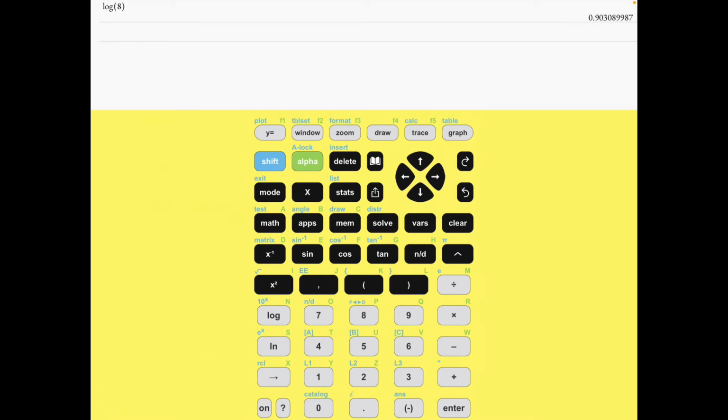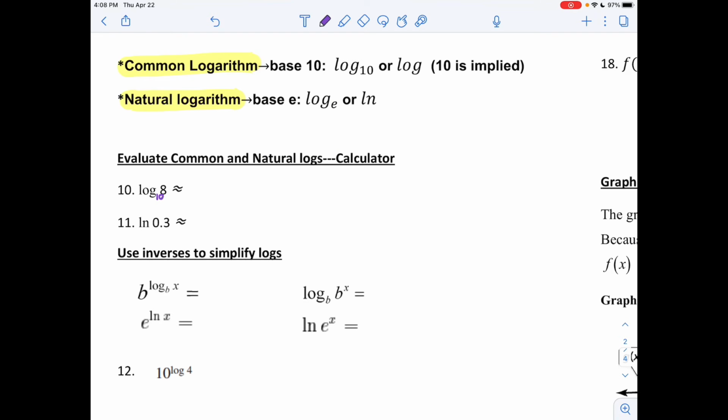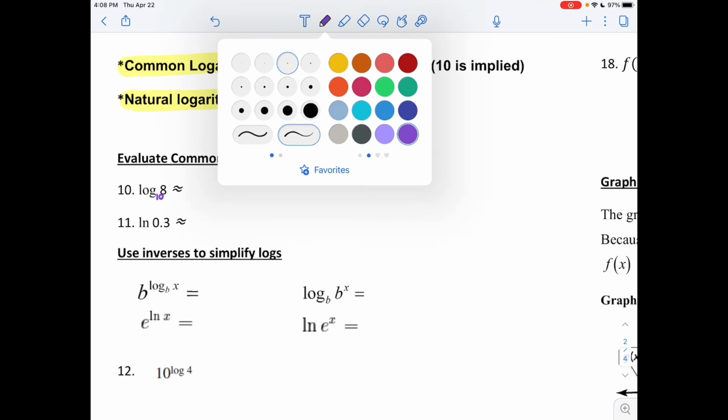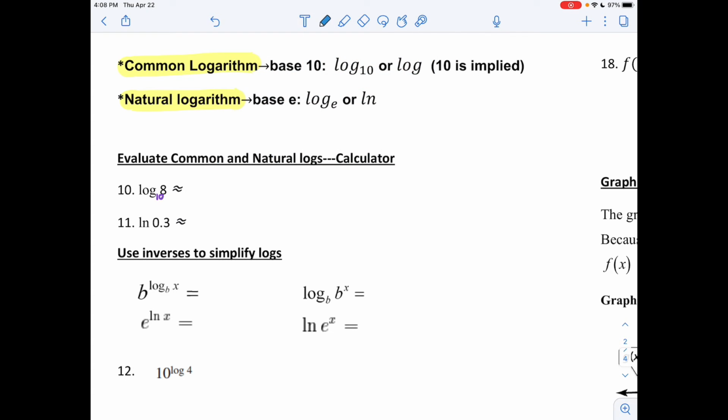And it's going to tell us, you can see it in the upper right corner, 0.903, and we will round to 3 decimal places. So here in our notes, we found that the log of 8, remember an implied base 10, was 0.903.